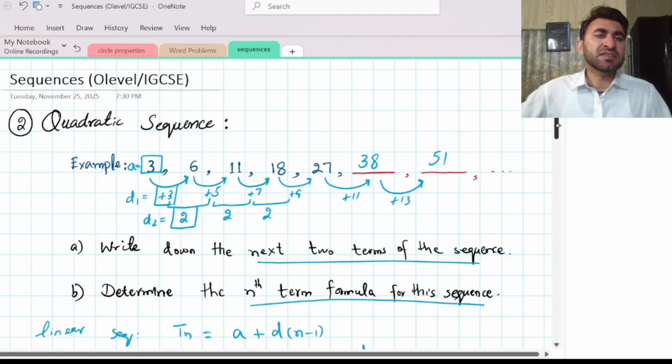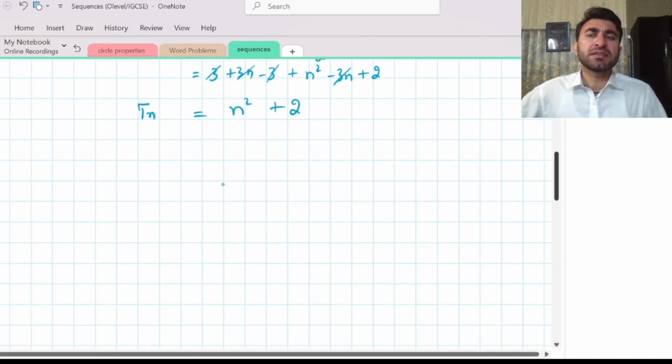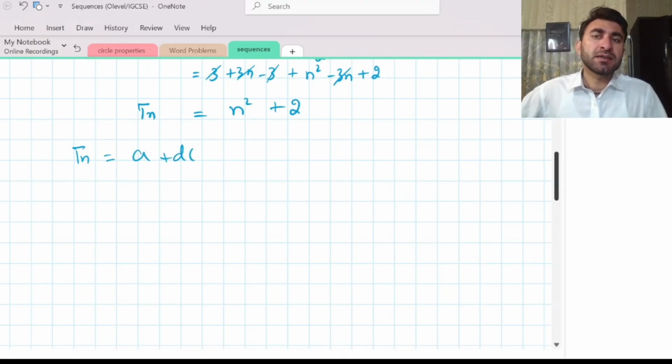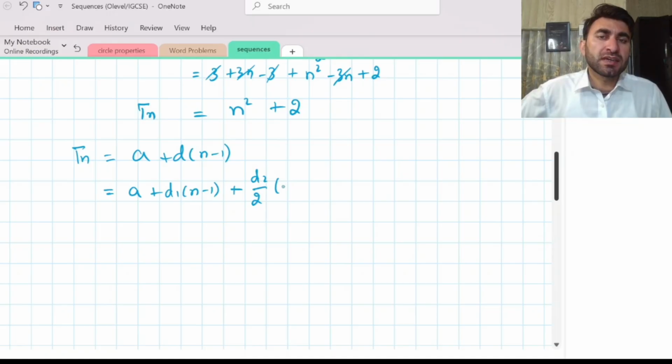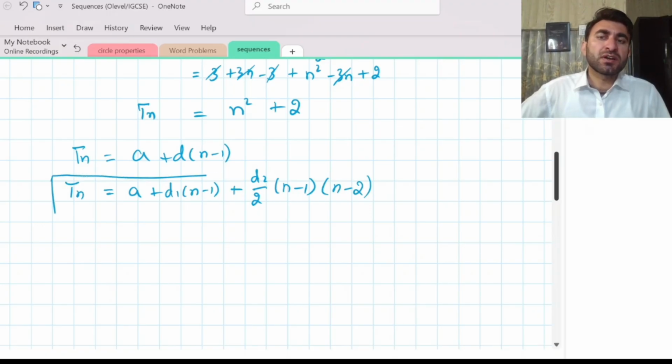As we see, the nth term formula for a linear sequence was a plus d times n minus 1, and the nth term formula for the quadratic sequence is a plus d1 times n minus 1. d is replaced with d1, and because it is quadratic, it will also have d2 divided by 2, and n minus 1 was already there, and we multiply n minus 2 with it, n minus 1 into n minus 2, and that is for the nth term of the quadratic sequence.